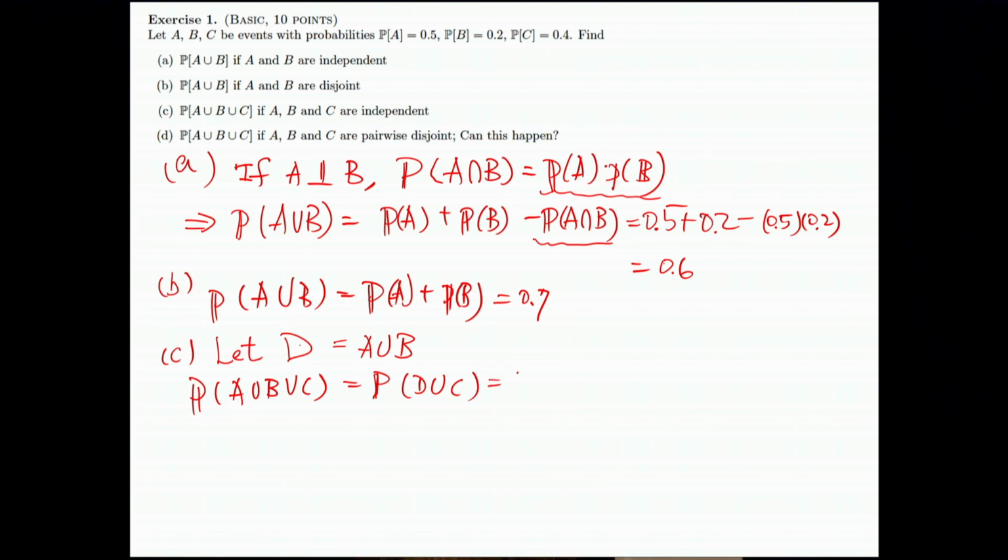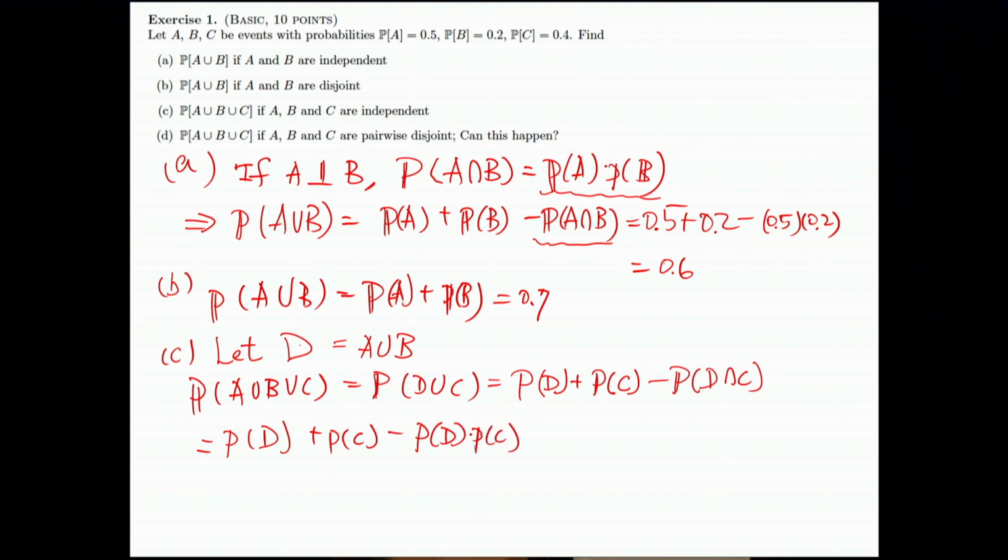So here I have the probability of D plus the probability of C minus the probability of D intersection C. But the probability of D intersection C is the probability of D times the probability of C. And what is the probability of D?